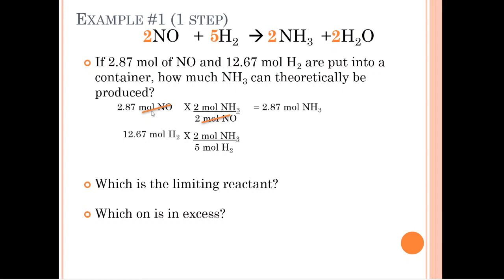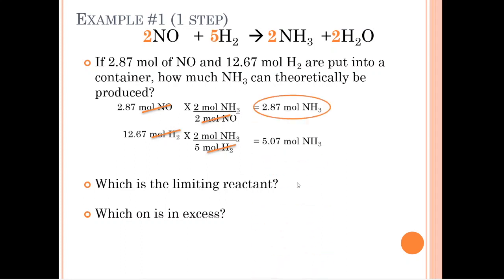So 2.87 moles of NO will make 2.87 moles of NH3. For the second one, the units will cancel to leave moles of NH3, and this one would make 5.07 moles of NH3. Then you look at which one makes the least, and that's the limiting reactant.